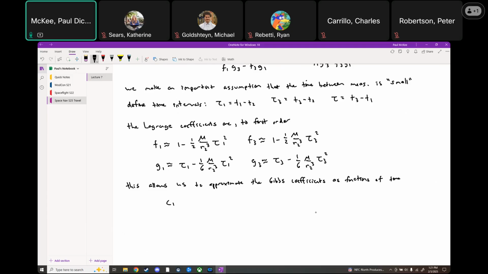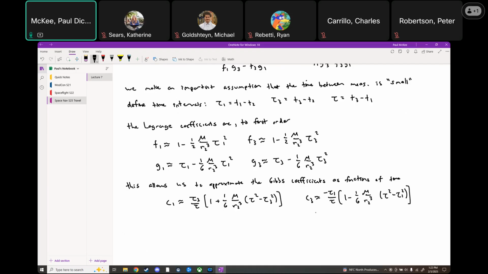So that would be C1 is approximately equal to tau 3 over tau, 1 plus 1/6 mu over R2 cubed, tau squared minus tau 3 squared. And then C3 is approximately equal to negative tau 1 over tau, and then in parentheses 1 minus 1/6 mu over R2 cubed, tau squared minus tau 1 squared.